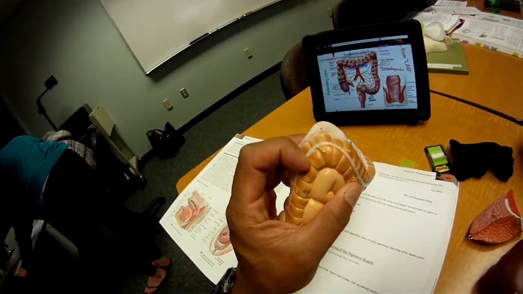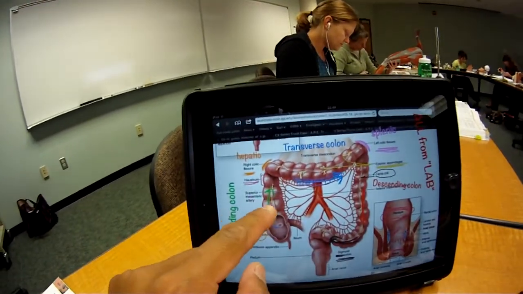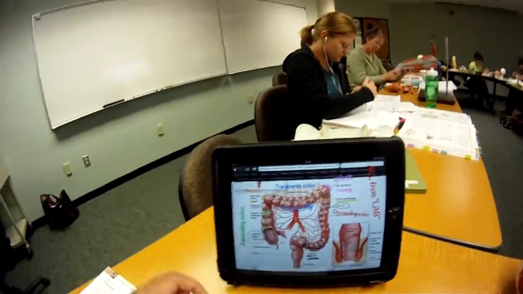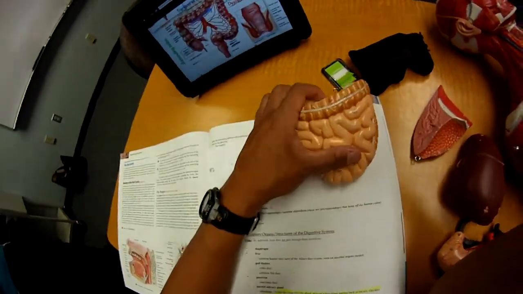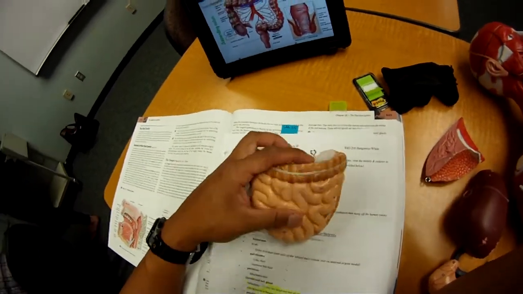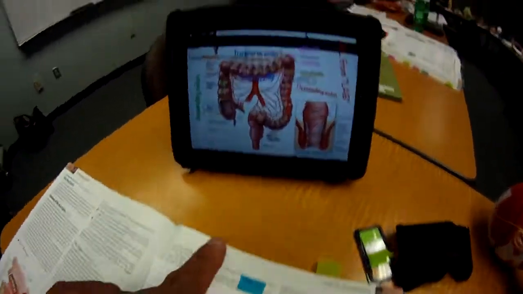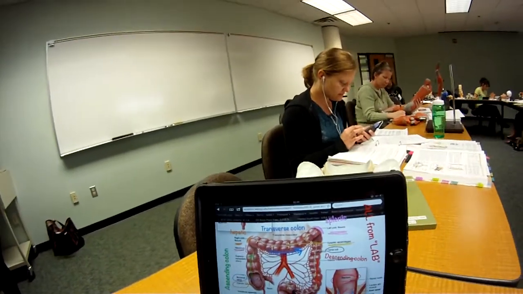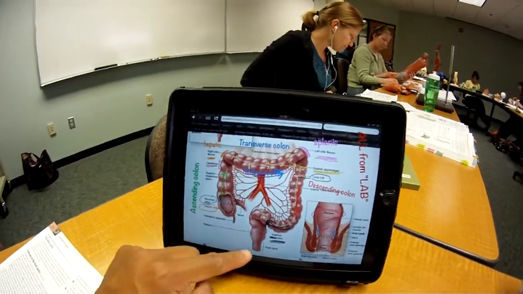This is the haustra. The epiploic appendages are the fatty tissue that hangs off the large intestine. So, epiploic appendages, right there and right there. And you have the rectum and the anus.